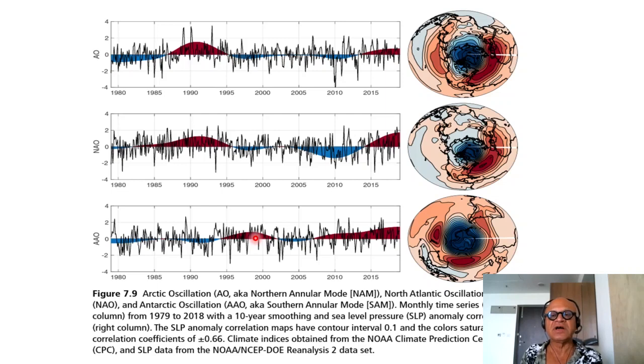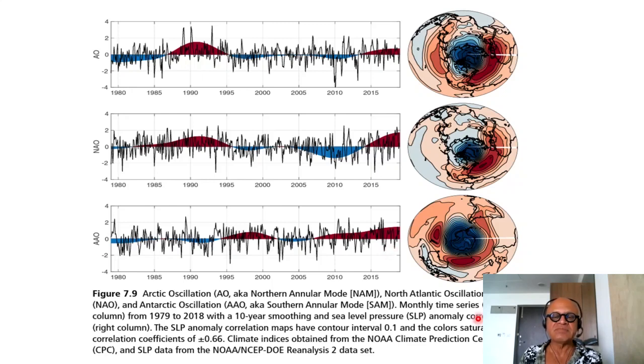Finally, there is another interesting mode called the Arctic Oscillation, also known as the Northern Annular Mode, similar to the Southern Annular Mode, keeping in mind that the Southern Annular Mode has an ocean that is continuous like a channel, whereas in the north we have land that is quite extensive around the Arctic.